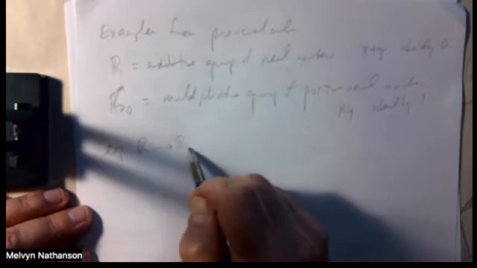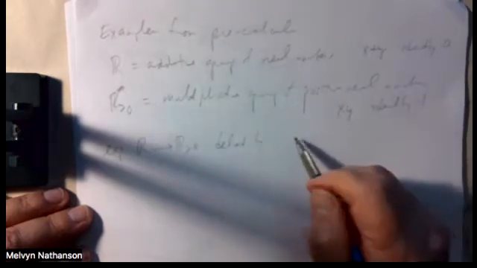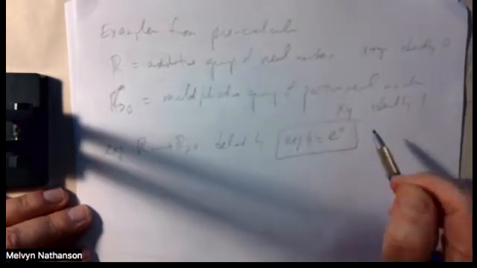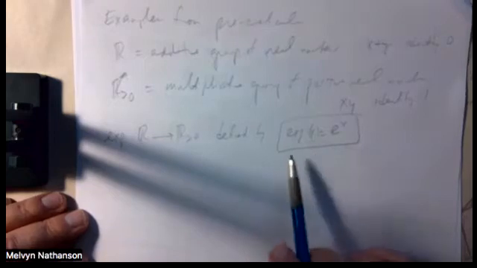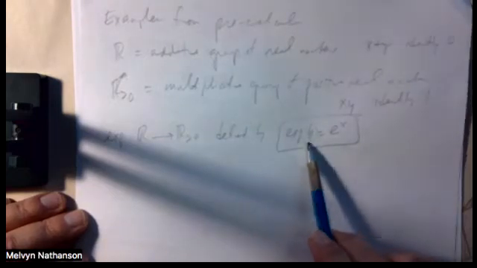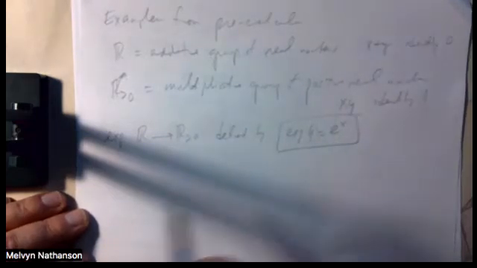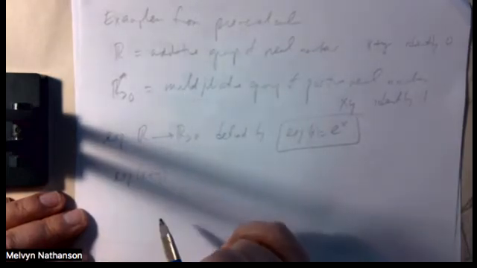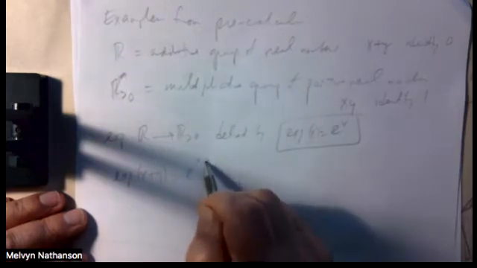And I have the function, I'll call it exp, from R to the positive reals, defined by exp of x is e to the x. That's the function. It sends every real number to a positive real number. And if I take exp of x plus y, that's e to the x plus y.